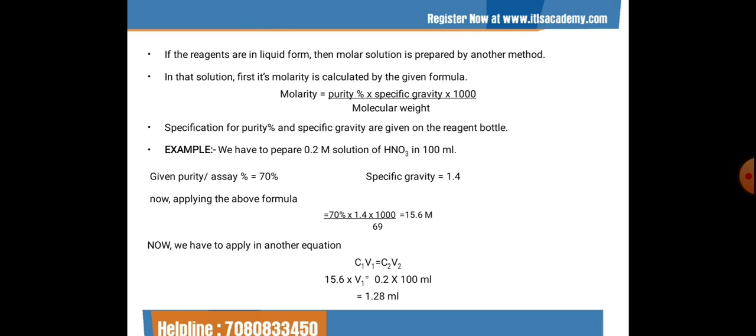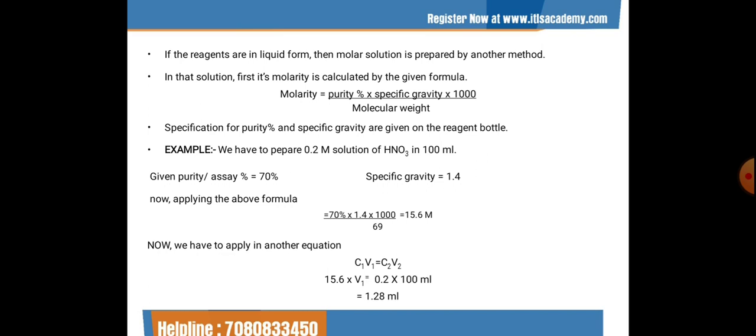Suppose, as we have discussed, that we have to prepare a 0.2 molar solution of HNO3 in 100 ml. Now by applying the formula 70% into 1.4 into 1000 upon 69, where the purity percent is given as 70%, specific gravity is 1.4, and the molecular weight of HNO3 is 69, we get the molar concentration of 15.6.